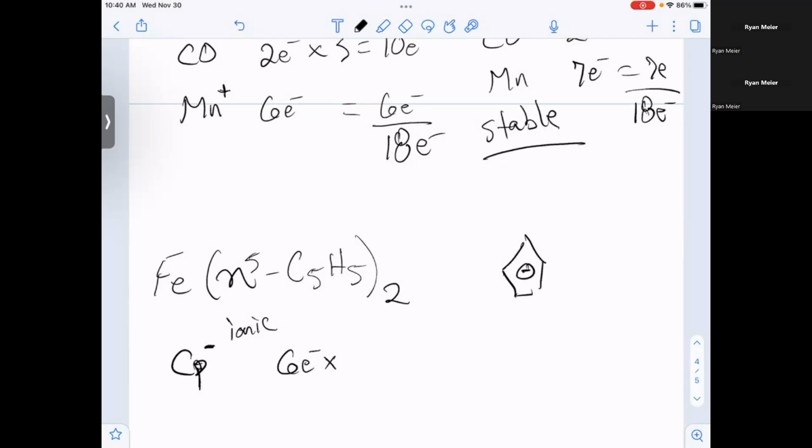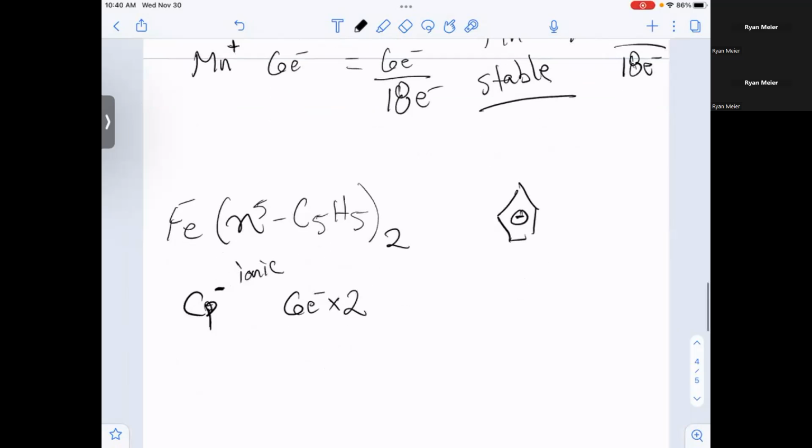If we have 2 of them, that's 6 electrons times 2. And then if I look at iron, if the cyclopentadienyl has a negative charge and I have 2 of them, iron must have a 2+ charge, which means how many electrons is the iron going to have? Yeah, it should have 6 electrons after it has that +2 charge. So 12 plus 6 gives me 18 electrons.